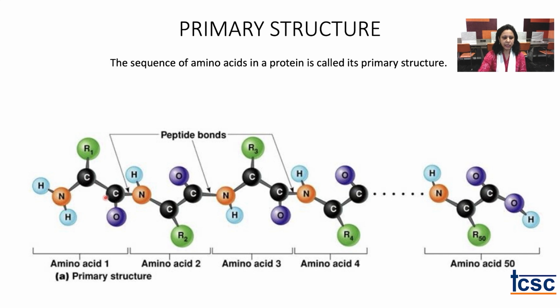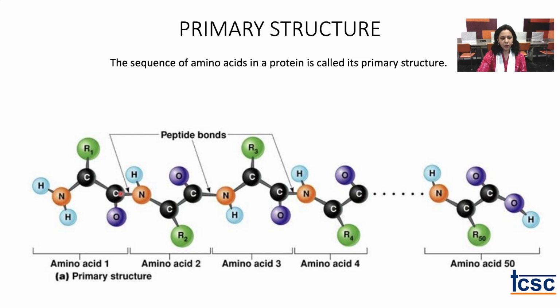If we look at this diagram, we can see that this is one amino acid which is linked to another amino acid through this particular bond. This bond is called the peptide bond, which is formed between the carbonyl carbon and the nitrogen of the amino group of the next amino acid.